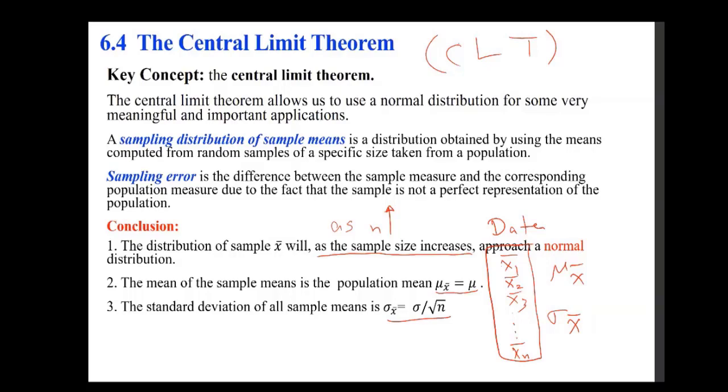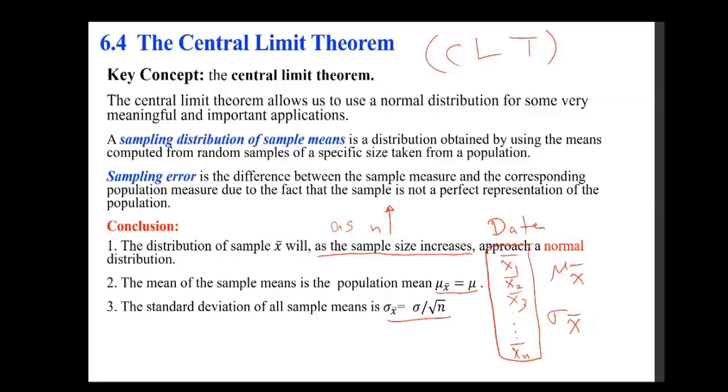Add them up divided by size. We can calculate sigma, or standard deviation, which is what? Summation of x minus x bar over n minus 1. Actually, because we want sigma, it's summation of x minus mu, quantity squared, over capital N.